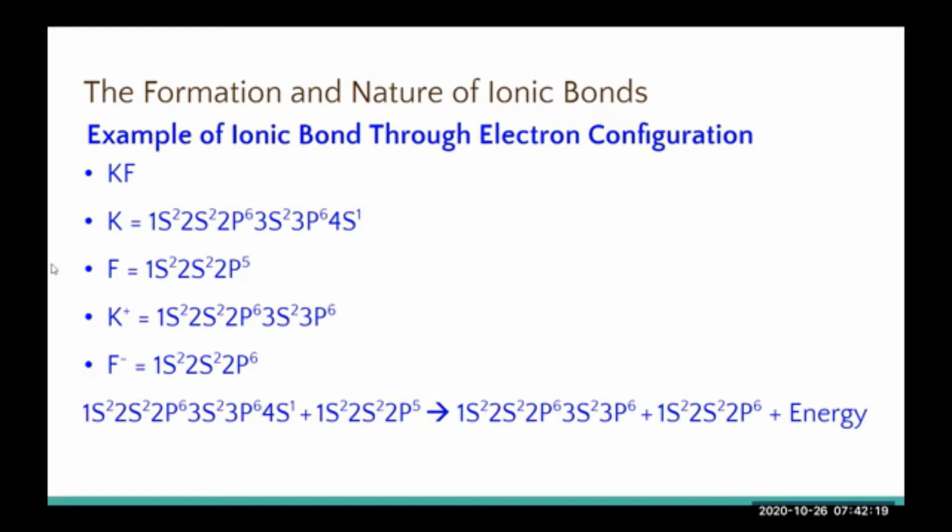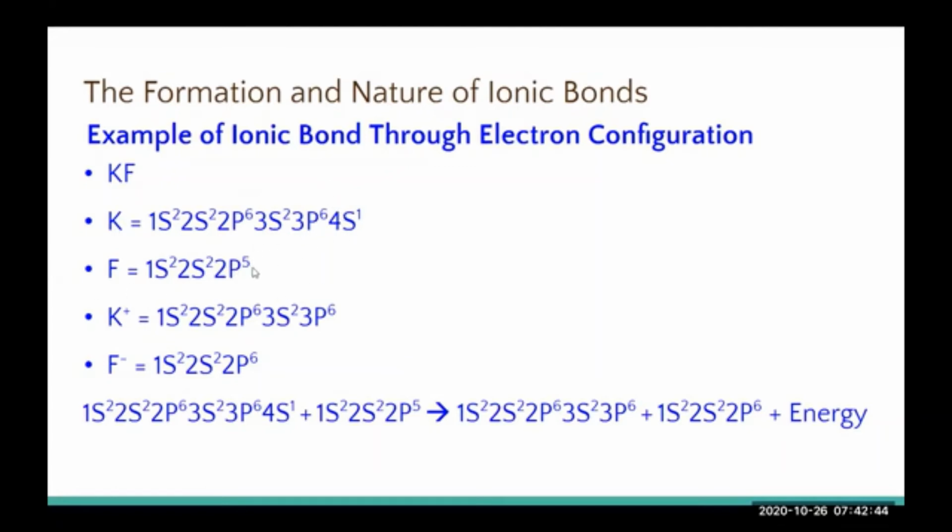Fluorine, on the other hand, has to gain 1 to mimic neon. So what they legitimately do is potassium gives fluorine its extra valence electron. That's why potassium loses 1, and look, 4s1 went away and fluorine became 2p6. So they lost this one and they gained 1 here.